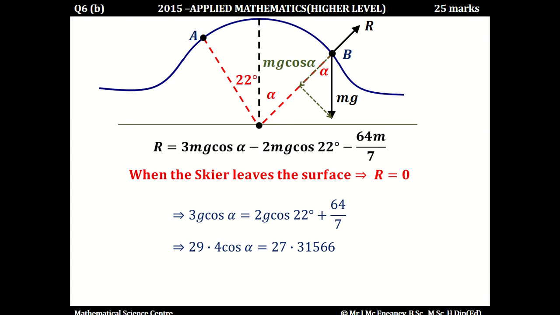If we put in 9.8 for g, you get 29.4 cos of alpha equals 2 times 9.8 by the cos of 22 plus 64 over 7, which works out as 27.31566. If we divide that by 29.4, the cos of alpha then works out as 0.9291. And then alpha will be the inverse cos of that, and that works out as 21.7 degrees.